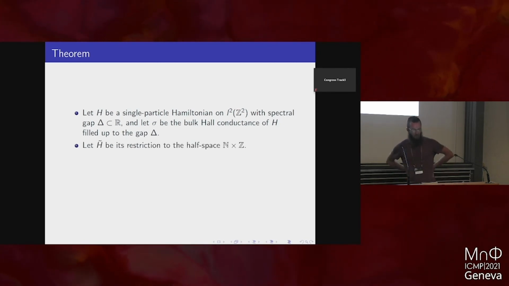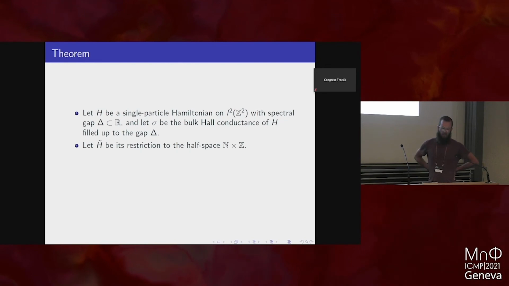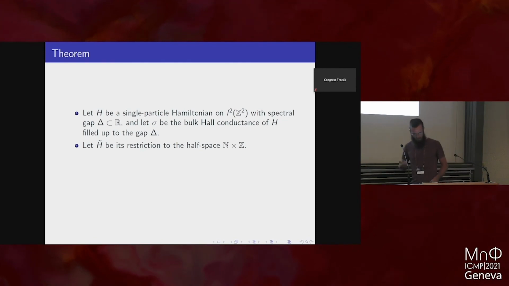Then I will take the same Hamiltonian and restrict it to a half plane. So a half plane has an infinite edge, and there we expect to see something that corresponds to the foregoing story.